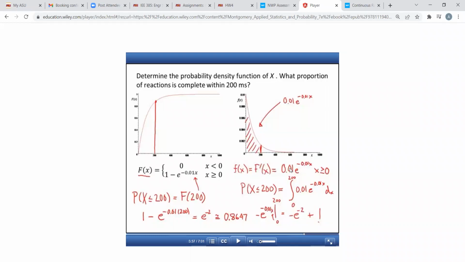So this right here is us doing the derivative or the integral of the thing on the left? Yes, the derivative. And the graph above it is the graph of the function 0.01 e to the minus 0.01x. And then this is the integral of this right here. Yes.